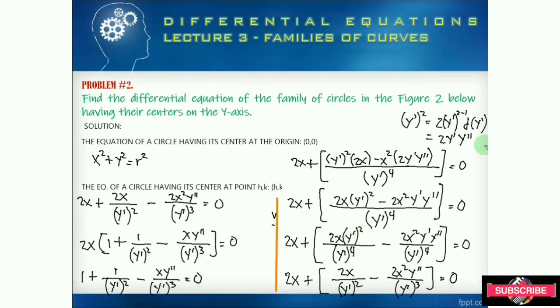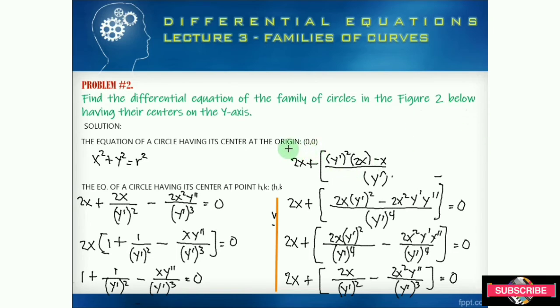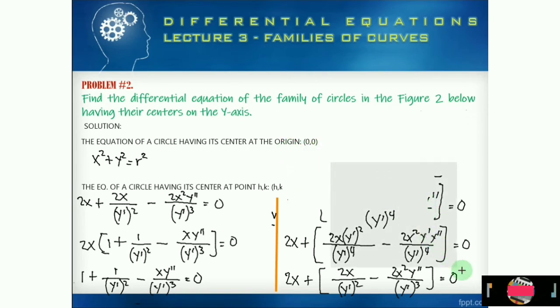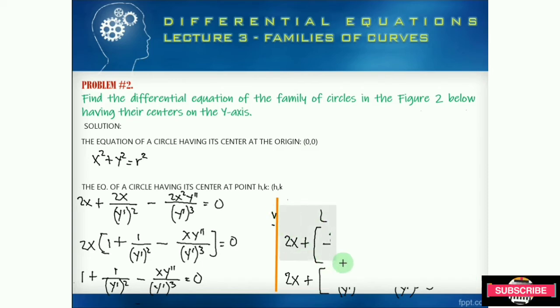Okay, and we are almost there, no? So please bear now with this solution, and this is just the basics, no, for you to understand the differential equation for this family of circles.